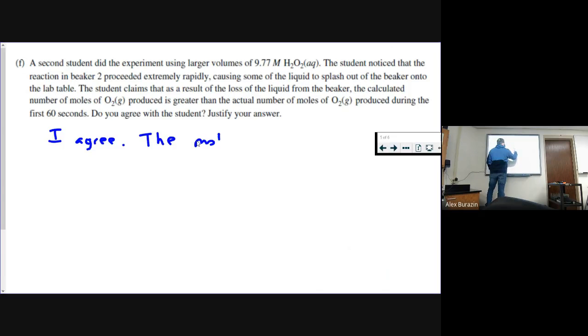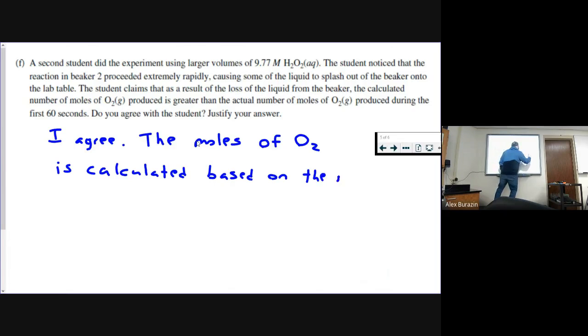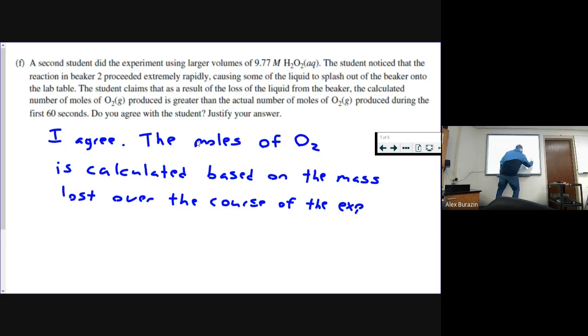The moles of O2 is calculated based on the mass lost over the course of the experiment. If we lose more mass, we will calculate more moles of oxygen lost, right?